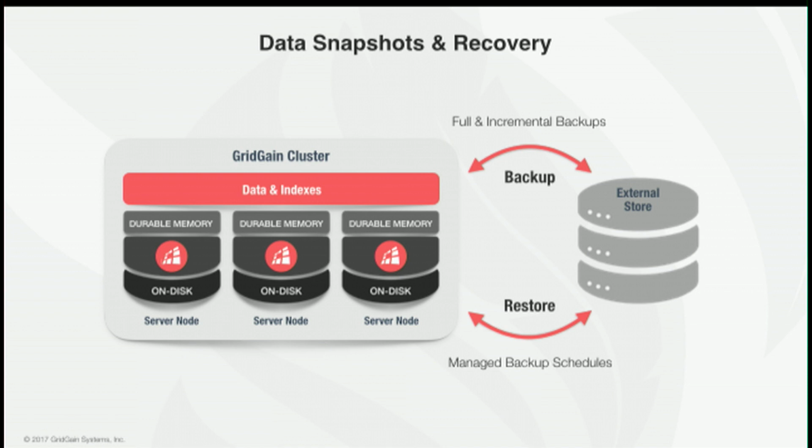So you want to periodically create these snapshots, and then if anything bad happens, you just recover from the latest one. We support both full and incremental snapshots. A full snapshot is a full snapshot of the data. An incremental snapshot is a delta snapshot from the latest full snapshot, right?